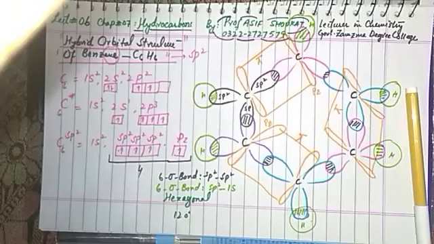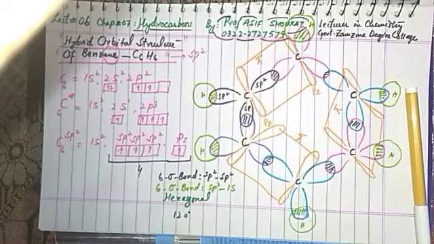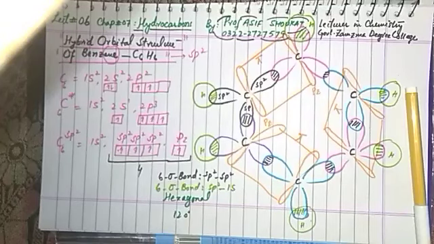It's my own style that initially I cover the hybrid orbital structures of methane, ethane, ethene, ethyne, and finally benzene. Then I'll go to the preparation of methane, ethane, ethene, ethyne, and benzene. After the preparation, we will start their chemical behaviors, chemical reactions, or chemical properties.